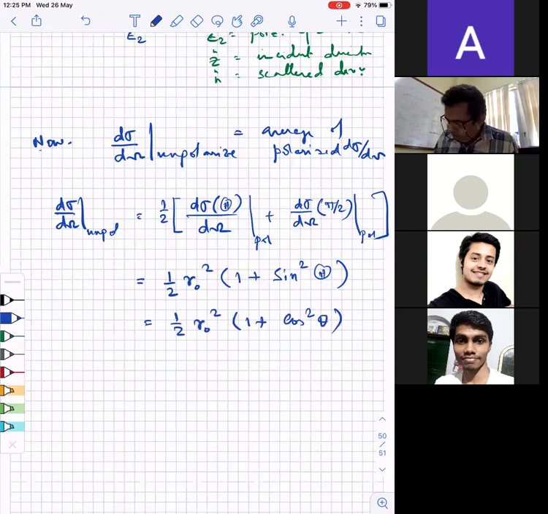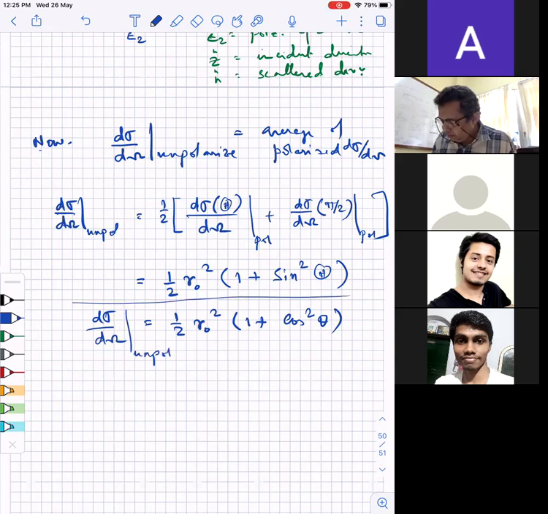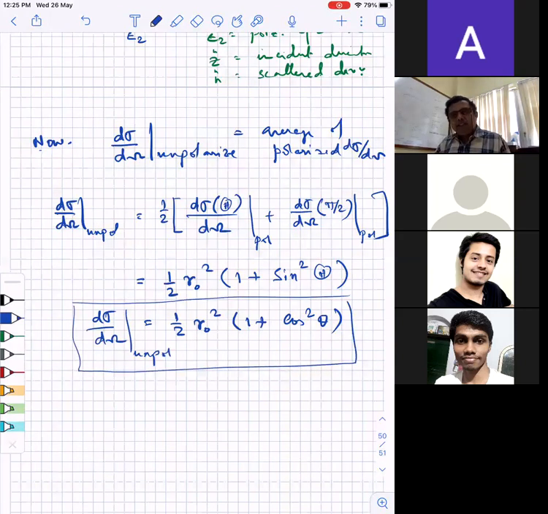So your d sigma d omega unfolds into this, where this theta is the angle between the incident and the scattered radiation.